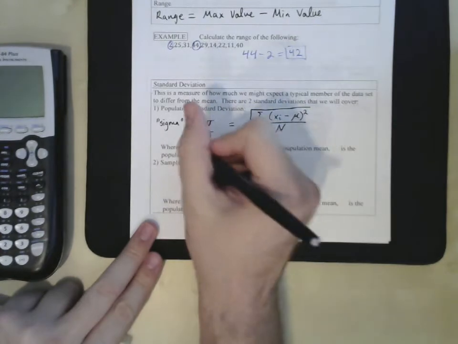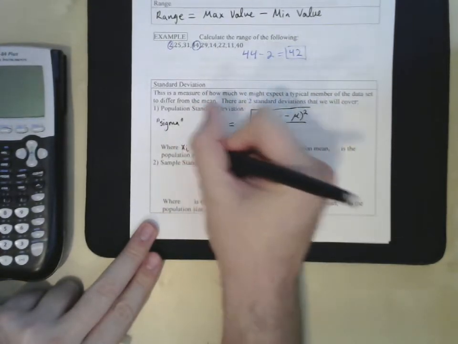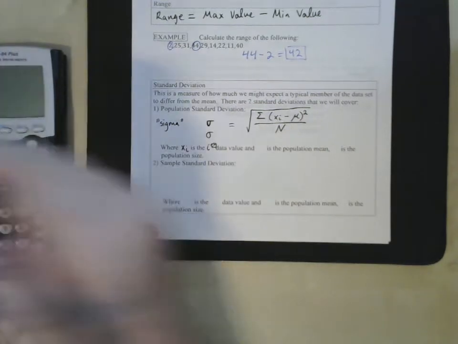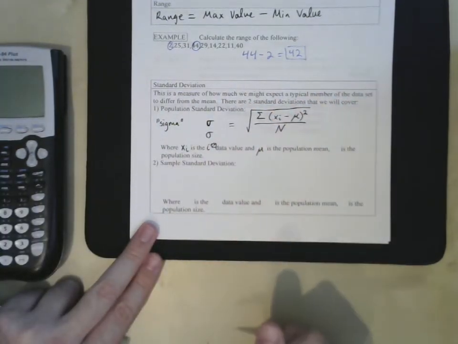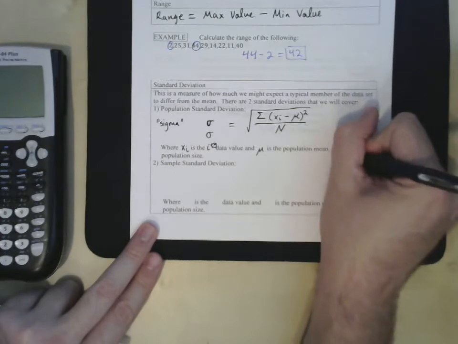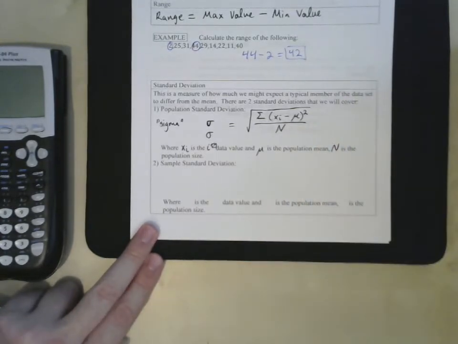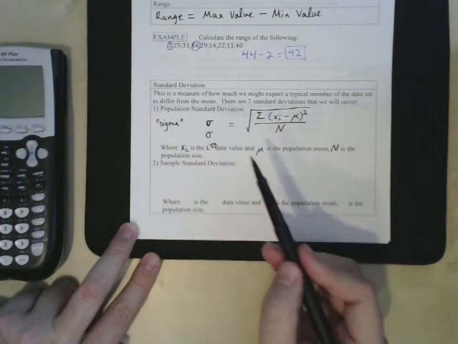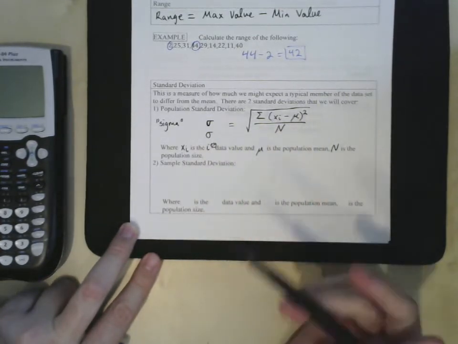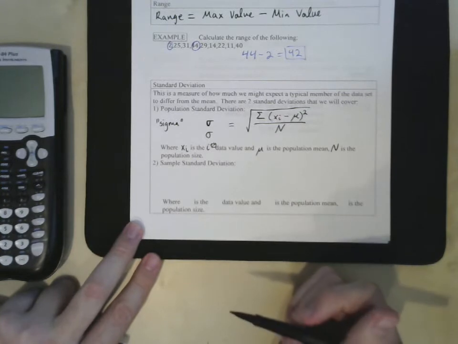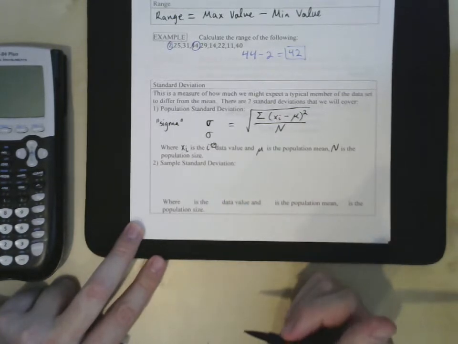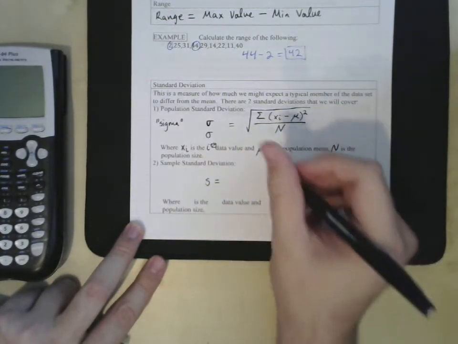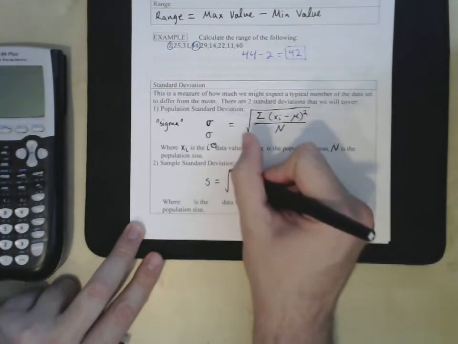Now again, x sub i is the ith data value, and mu is the population mean, and capital N is the population size. So this is our standard deviation sigma for populations. We have one for sample standard deviations, and instead of sigma we just use a lowercase s, and this has virtually the same formula.